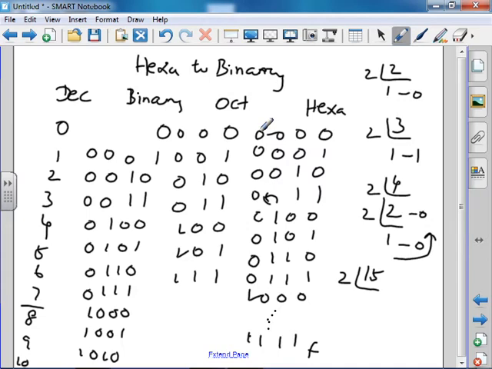You just divide 15 by 2, you will get 7, remainder 1. Again divide by 2, you will get 3, remainder 1.